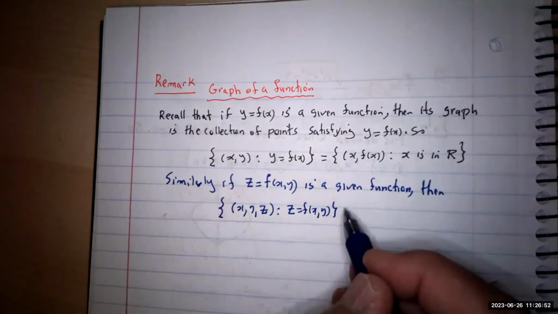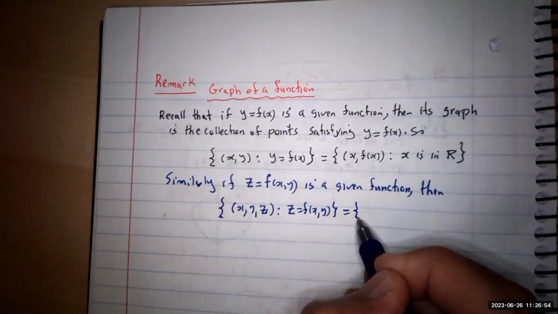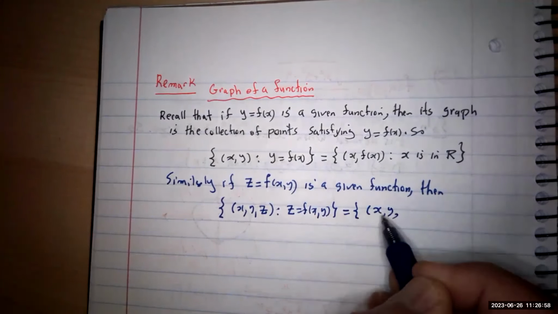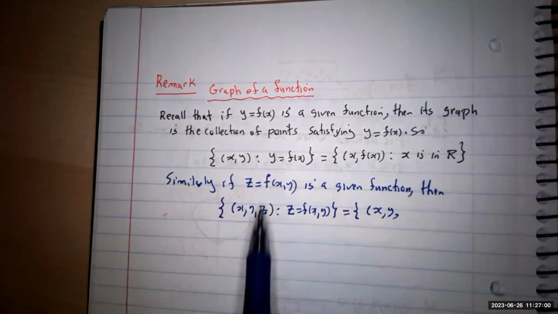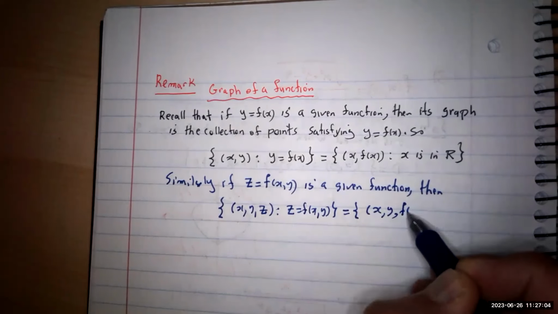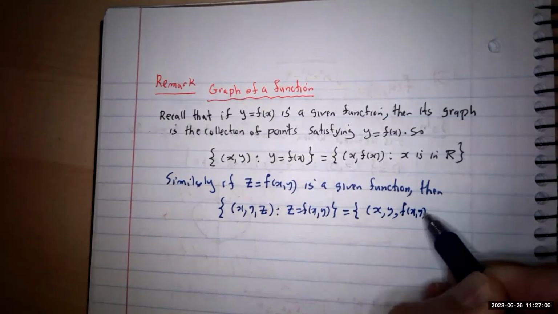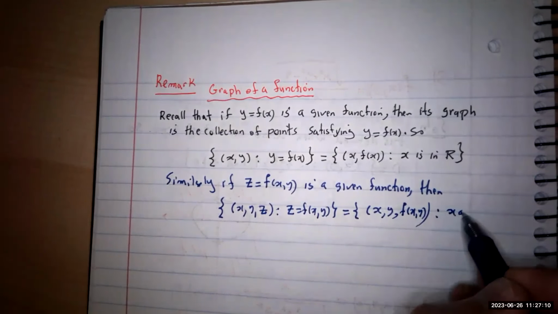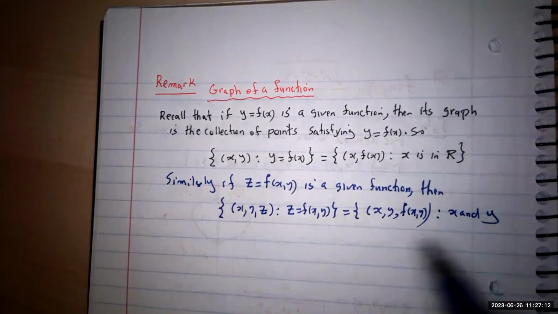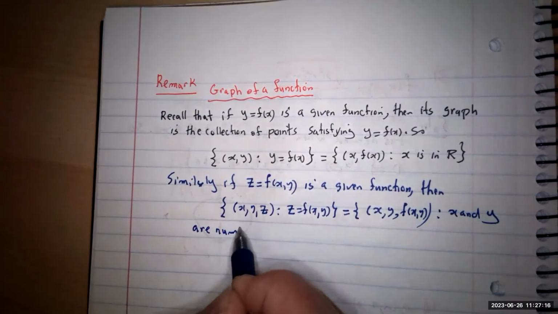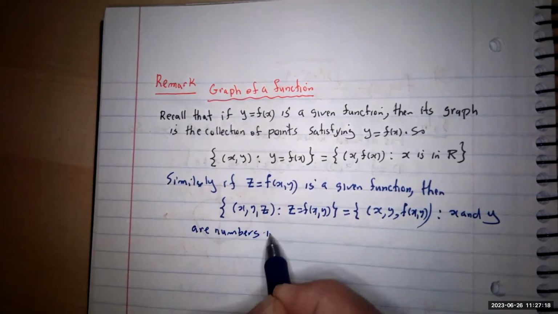This time it's going to be the same as x comma y, and comma your function f of x, y instead of z. And this is going to be true when x and y are again numbers in R2.